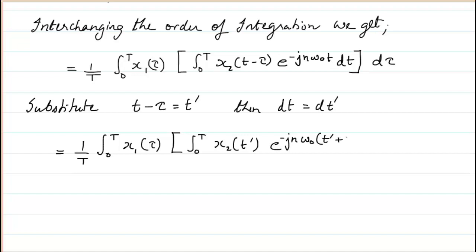Now instead of t I will write t dash plus tau, and instead of dt I will write dt dash and then d tau.